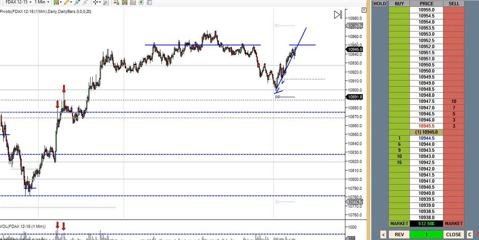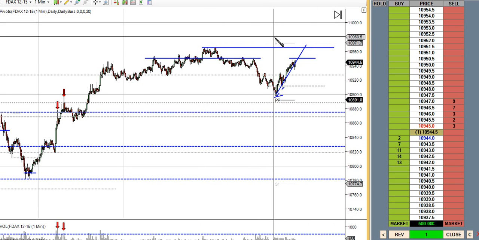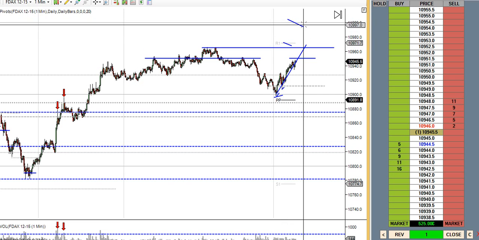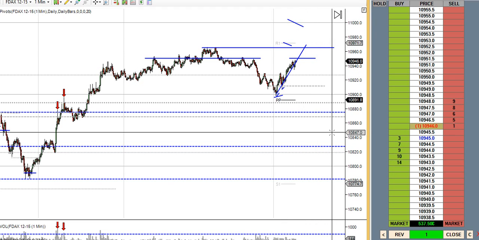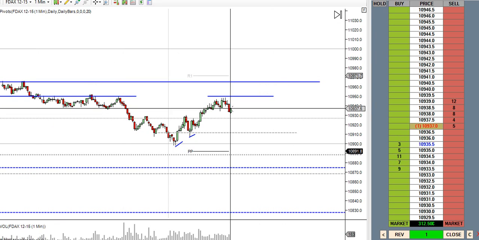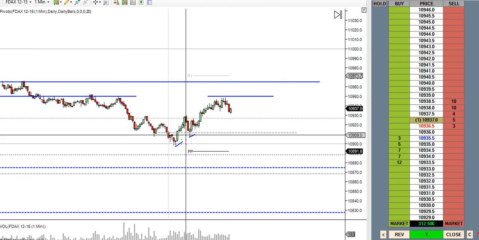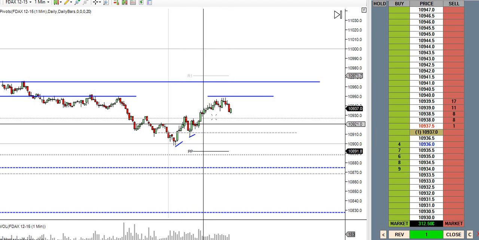Now let's see if this could be a sustained move to break out the highs, then resistance one, and then go up to 11,000. This could sound very optimistic, but at the moment euro dollar is selling off, so this could be supportive for the index. Okay, so here is some, let's say, comparison with this kind of momentum.